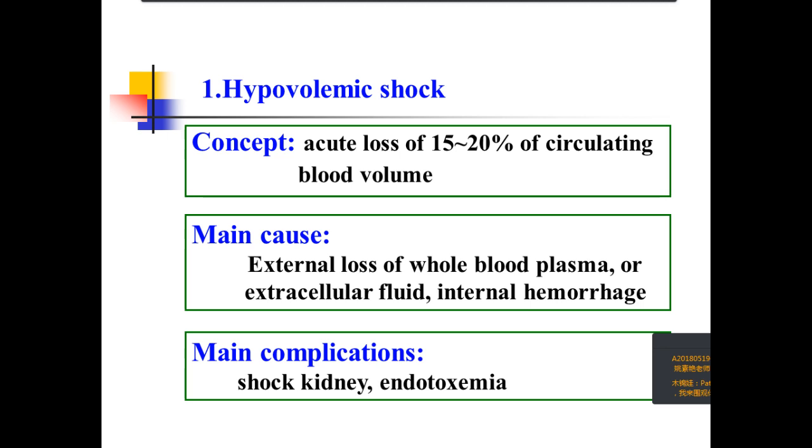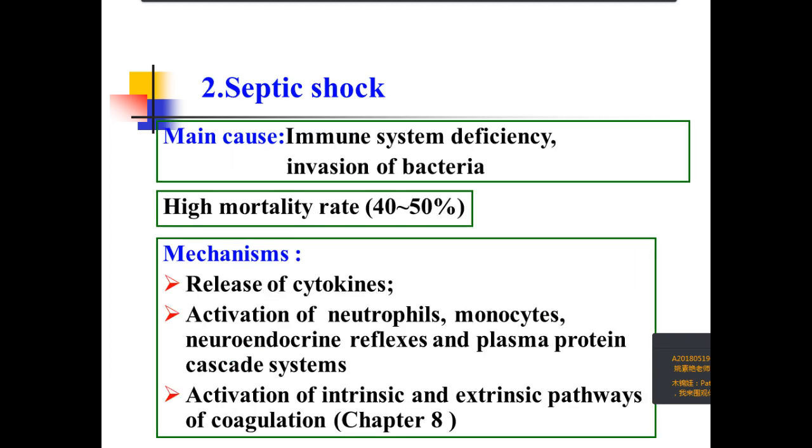If less than 20%, the shock may not happen. Now, shock kidney and endotoxin may happen. Because blood volume decreases, blood flow of the kidney decreases, so GFR decreases, urine decreases, and renal failure may happen.